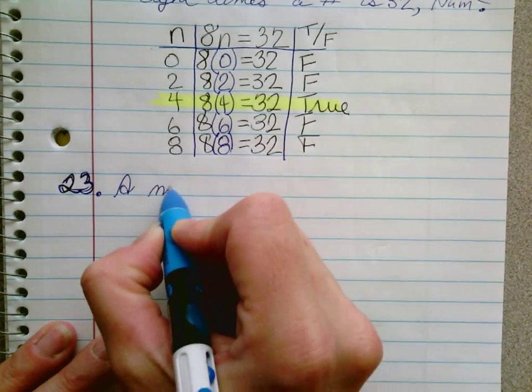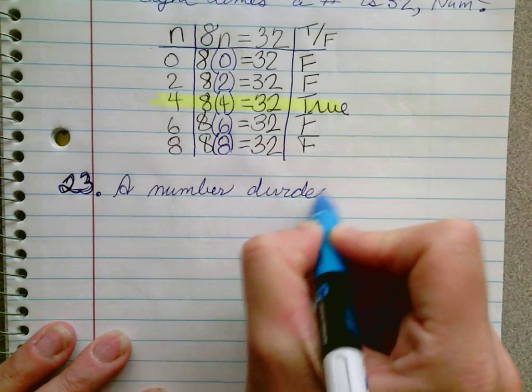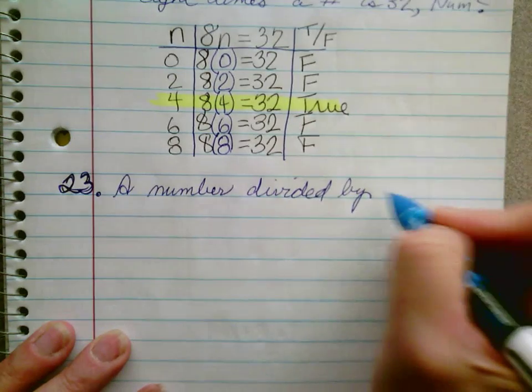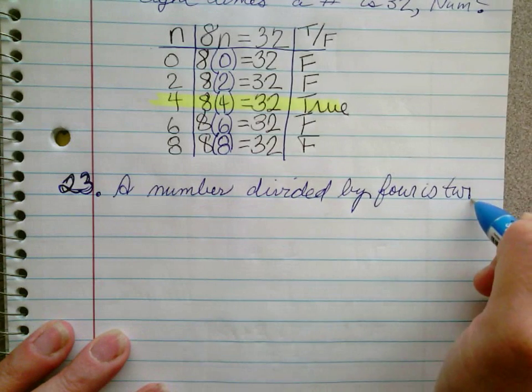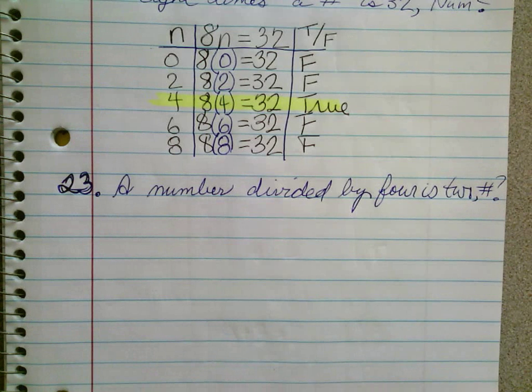A number divided by 4 is 2. What's the number? See, I'm kind of cheating. A number divided by 4 is 2.